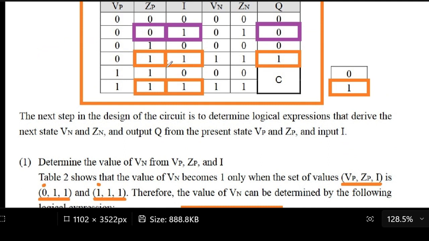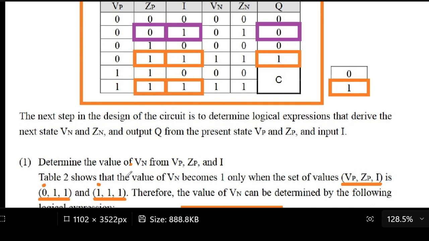Okay, so here we got VP, ZP, I, and VN, ZN, Q as the headers of the columns. And we need to have 0 as the first column for VP, and 1 and 1. So that gives us 1.